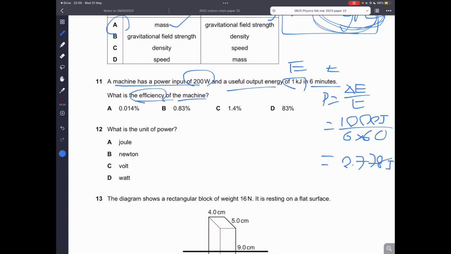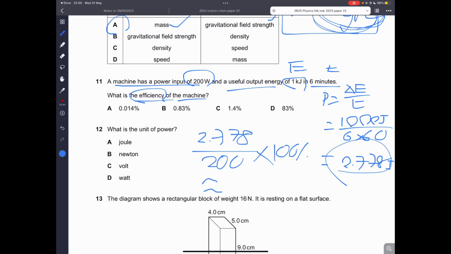It asks for the efficiency. The efficiency is the useful power over the total input, and the total input is 200, given in the question. Now we times it by 100. This gives us 1.38, which is about 1.4%, and therefore C is the correct answer.